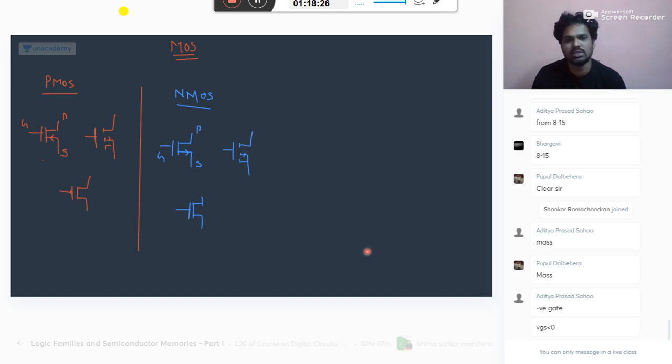So these are the symbols of PMOS and NMOS. This arrow indicates source to drain. This is depletion and enhancement mode.